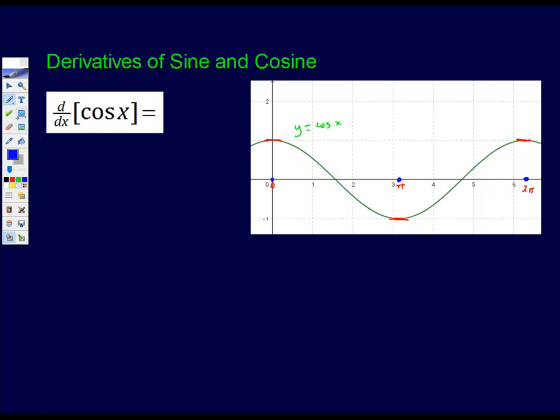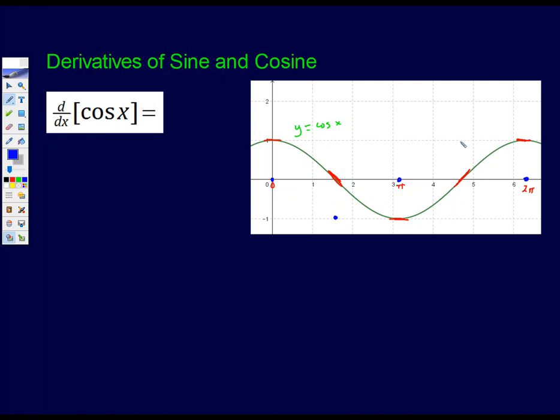Just like with the sine curve, when it's crossing the x-axis, it's going to have a slope of either minus 1 right here or 1 here. These points end up having a slope of 1. And so I'm going to mark at this spot a height of minus 1, because that's what the slope is.